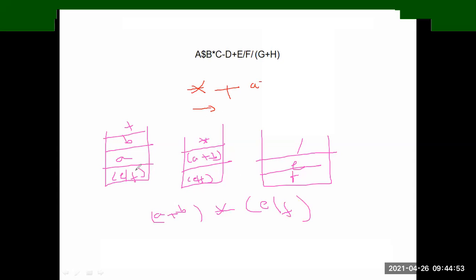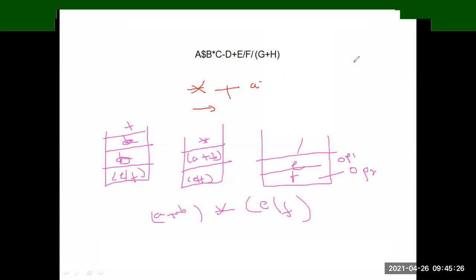In this, see here, first stored is operand 2, this is operand 1. In an infix expression, this is operand 2, this is operand 1. Here we reverse the values, so that's why this is operand 1, this is operand 2. First B, then A. Just remember those points.